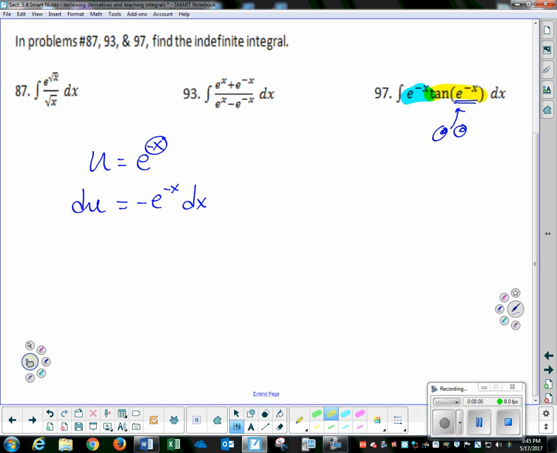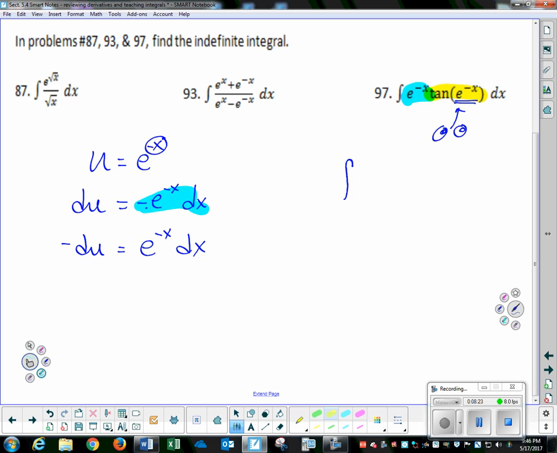This is really close. I'm looking at the blue highlight over on the other side, and I'm pretty darn close, right? We just don't need the negative that's coming along here. All right, so we can get rid of our negative. Multiply both sides by a negative, we get negative du as e to the negative x dx, and we are in business.